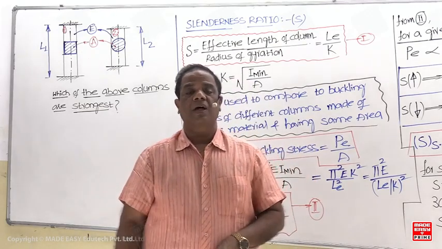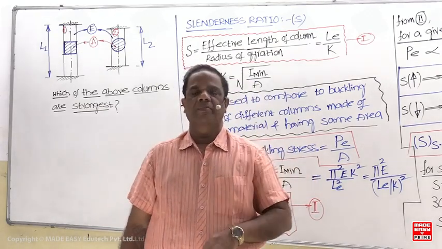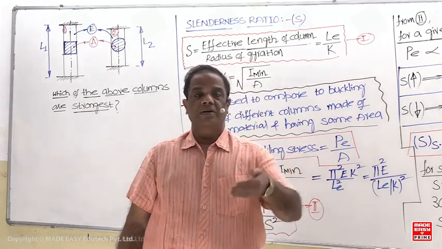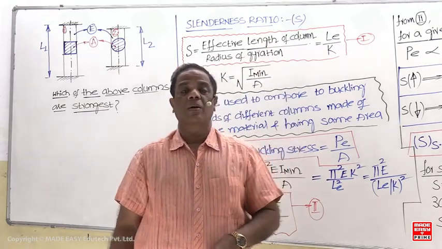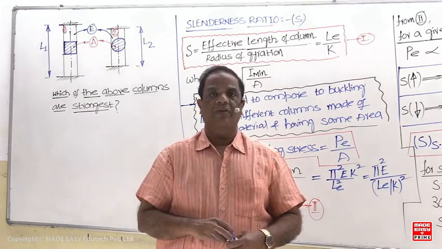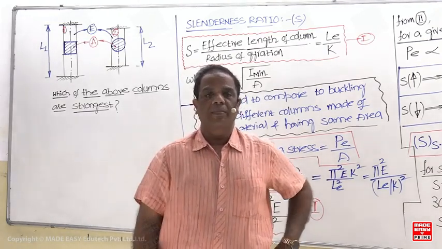At that time the ratios are, if areas are same, hollow will be a stronger one. Then buckling load of a solid circular column to hollow circular column will be 1 minus k square by 1 plus k square. If k is equal to half, it is 3 by 5.